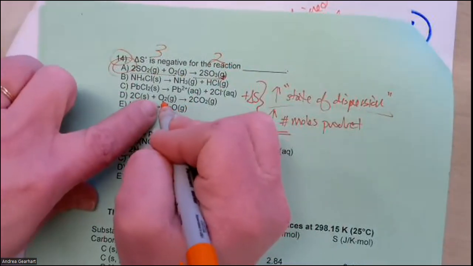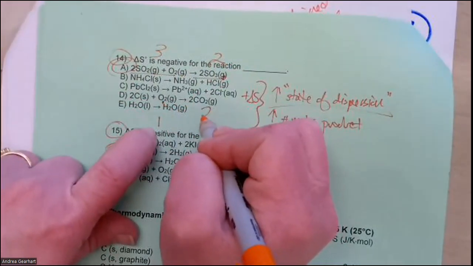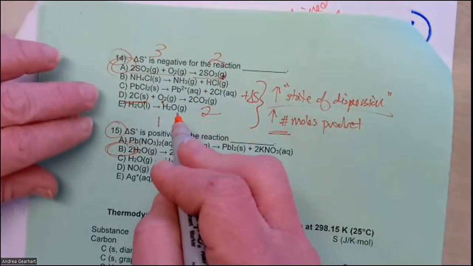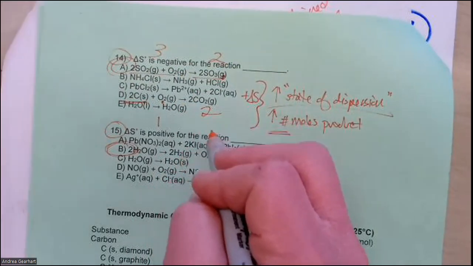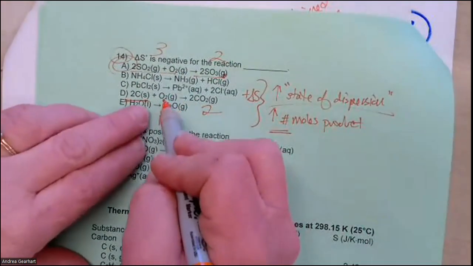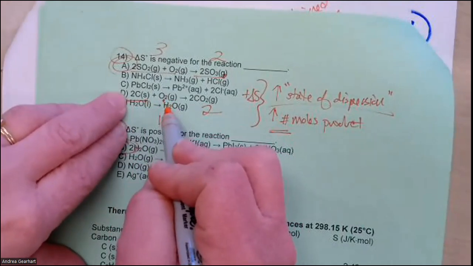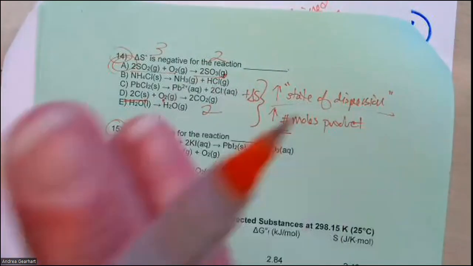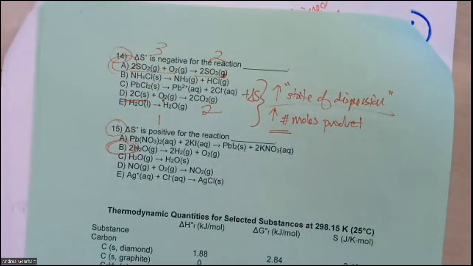Here, it's 1 mole of gas to 2 moles of gas, but I start with solid. I'm looking for where I'm decreasing. Well, here, I'm making more moles of gas. So if I'm asked to choose the best.